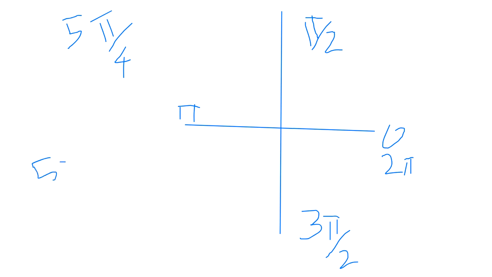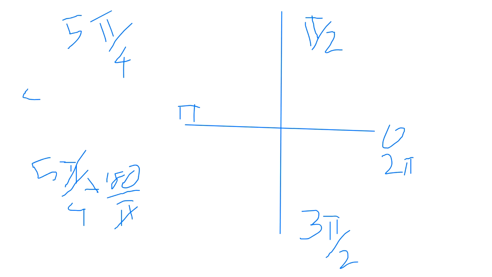5 pi over 4 times 180 over pi. Pi will cancel pi. Then 45 times 5 will give us 225.